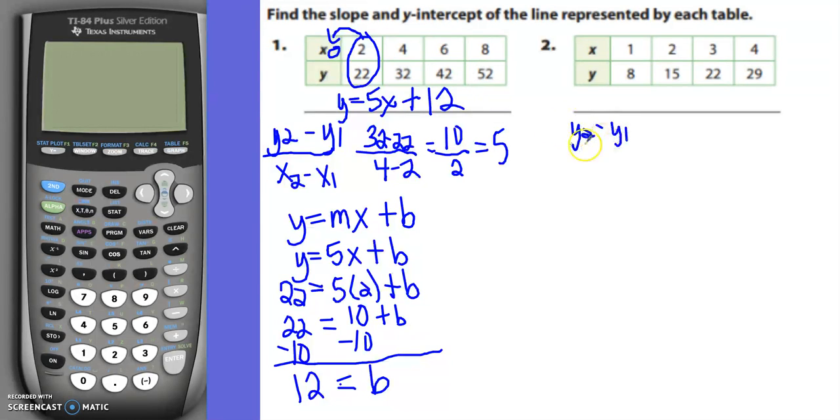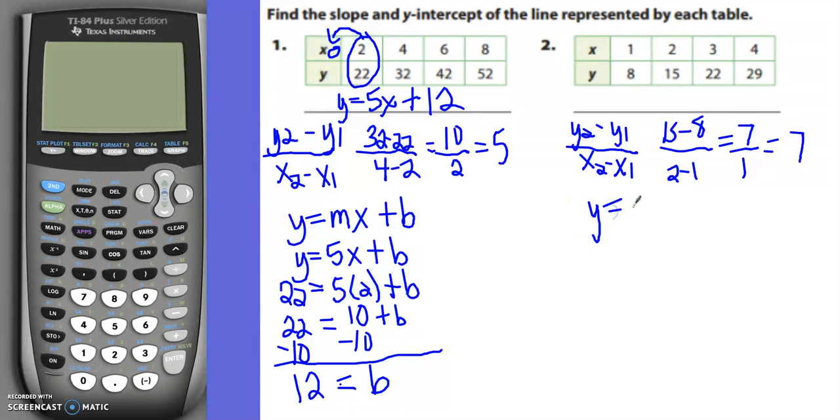y2 minus y1 over x2 minus x1. So 15 minus 8 is 7. 2 minus 1 is 1. Our slope is 7. If we have the equation y equals mx plus b, we have y equals 7x plus b. You can work backwards and find out when x equals 0, or you can use the first ordered pair.